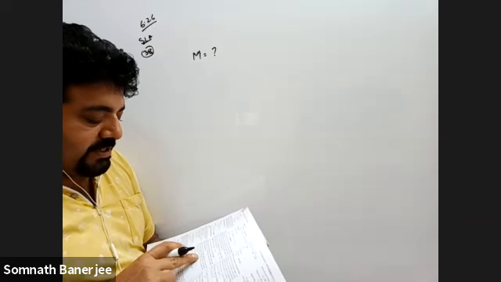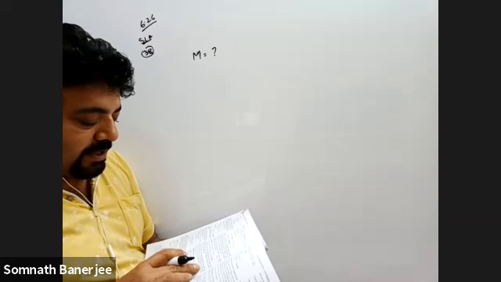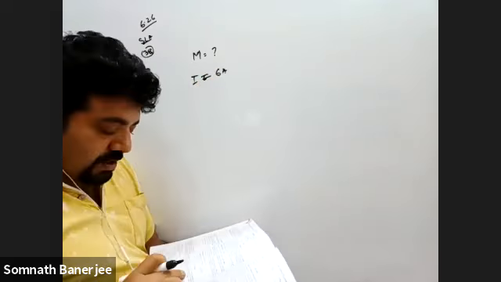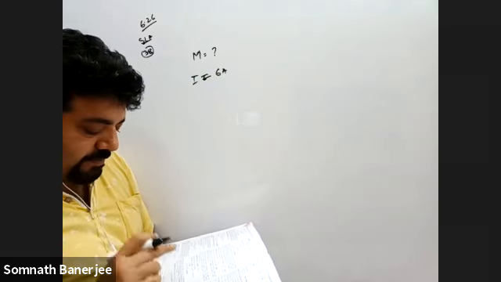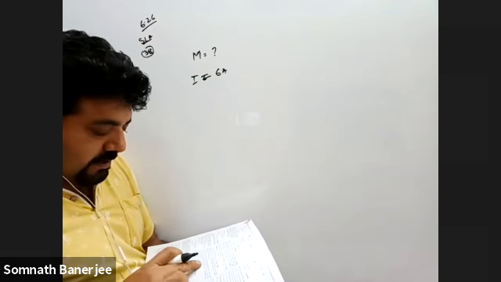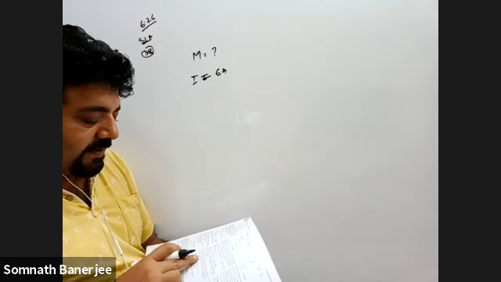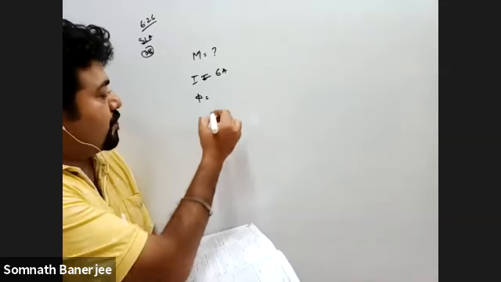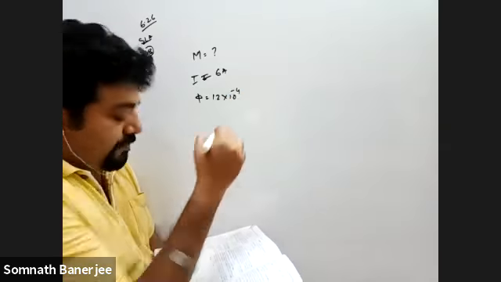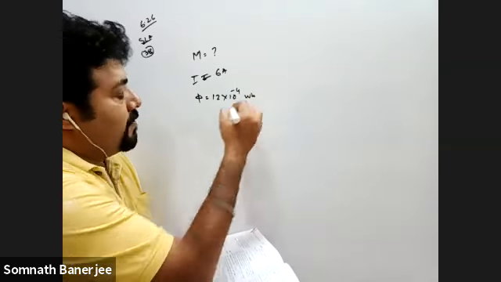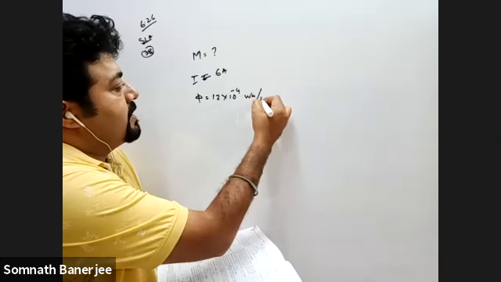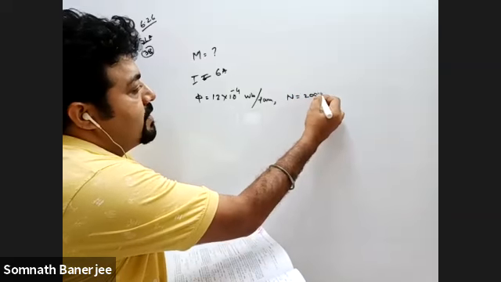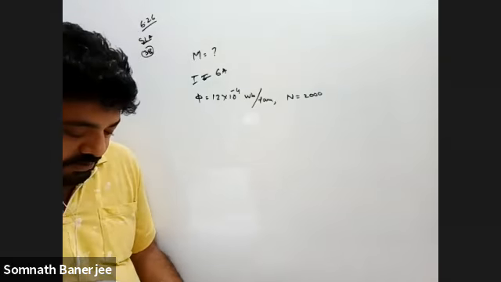If a current change of 6 ampere in one coil causes a flux in the second coil of 12 into 10 to the power minus 4 Weber per turn, and the total number of turns is 2000.